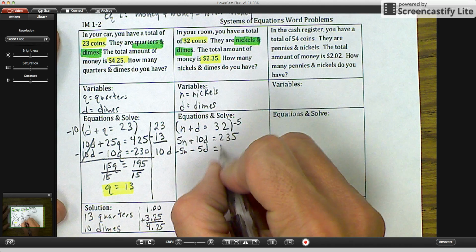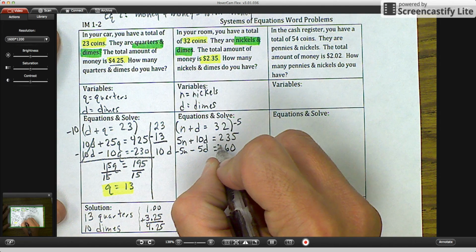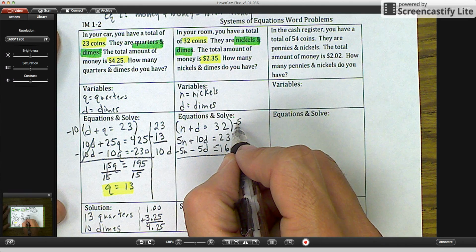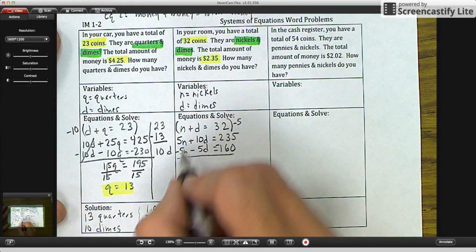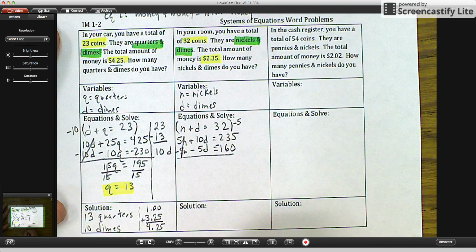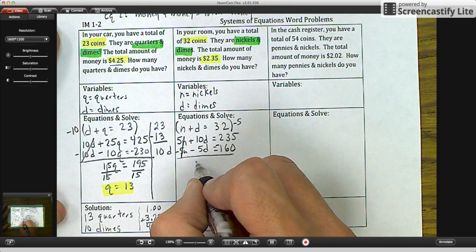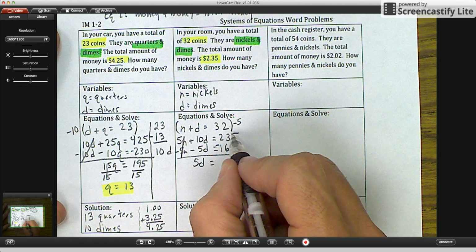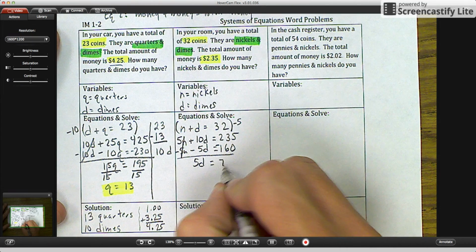So we get 160, and that 160 is also a negative. We multiplied by a -5 here. And we're going to eliminate. We're going to add together. So 5 plus a -5 cancels. 10 plus a -5 gives you 5D. And 235 minus 160 gives us 75.